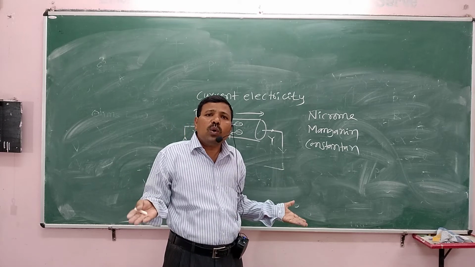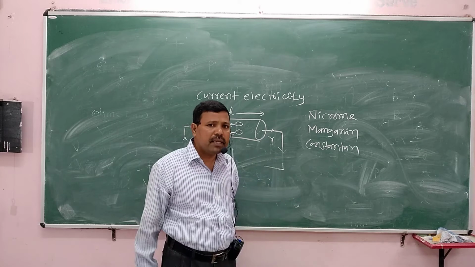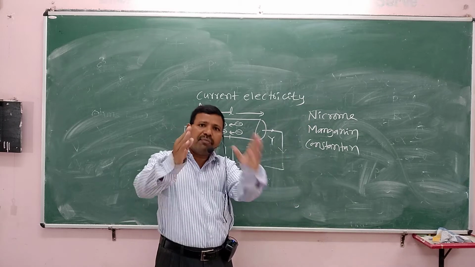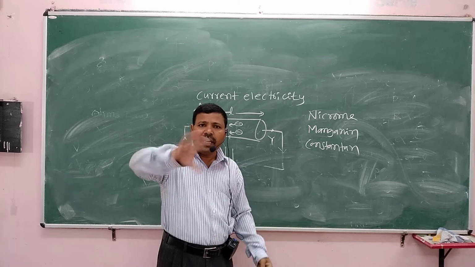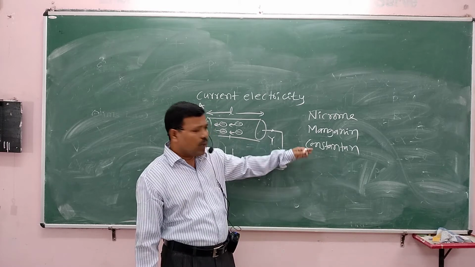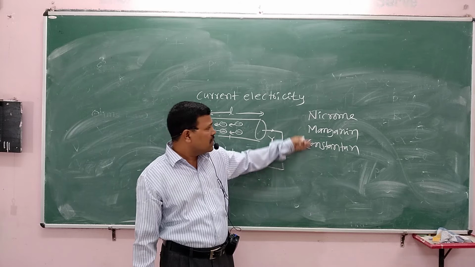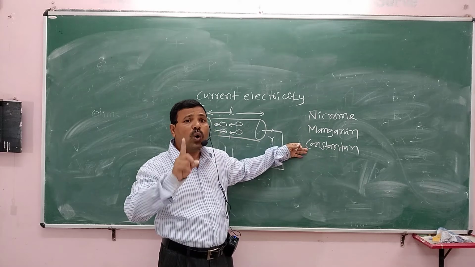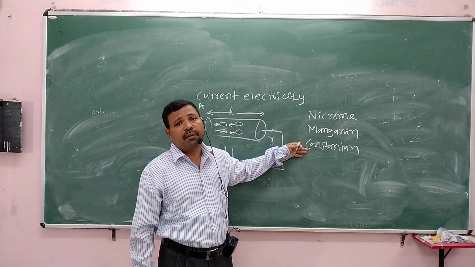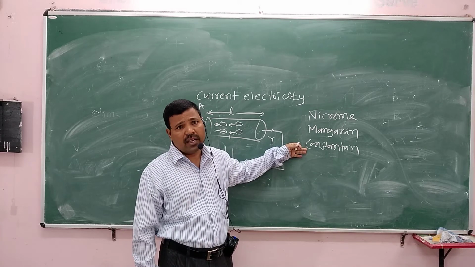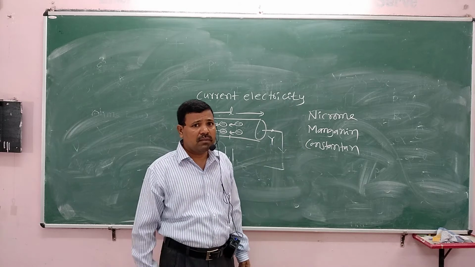They do not oxidize at high temperature. Therefore, these alloys are preferred in making heating filaments. Nichrome, manganese, constantan do not oxidize at high temperature and their resistivity is higher than that of conductors.